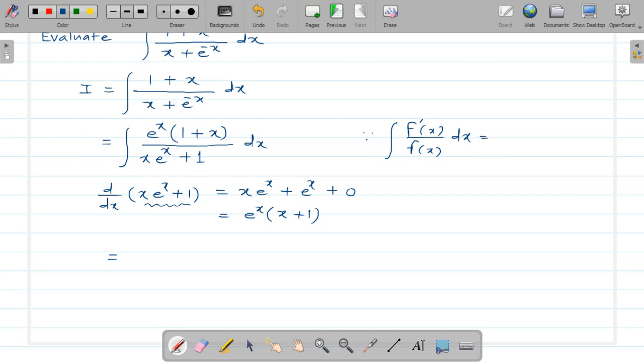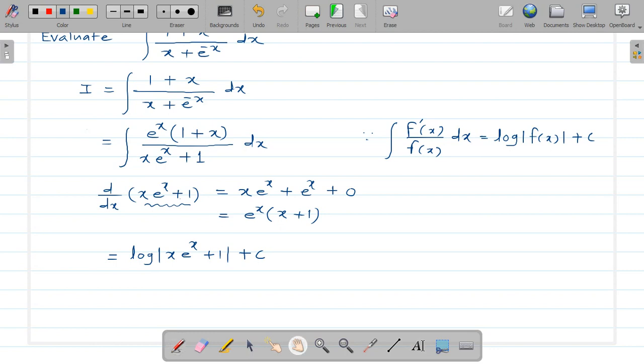And by the corollary, we know that the integration of f'(x) upon f(x) is equal to log of modulus of f(x) plus constant. So hence, just by adjusting the given function, we get the f'(x) upon f(x) form. So the value of the integration is equal to log of modulus of x e^x + 1 plus constant.